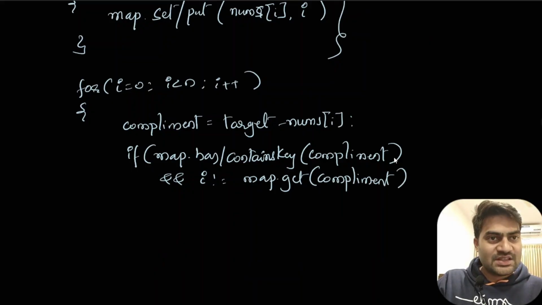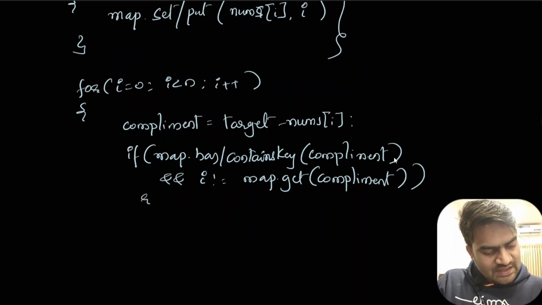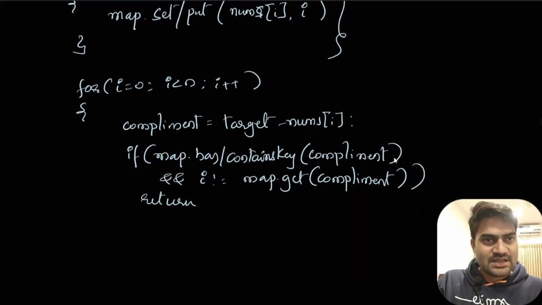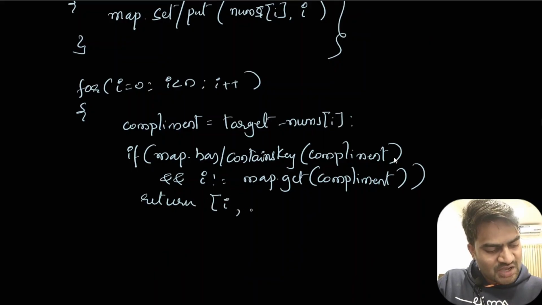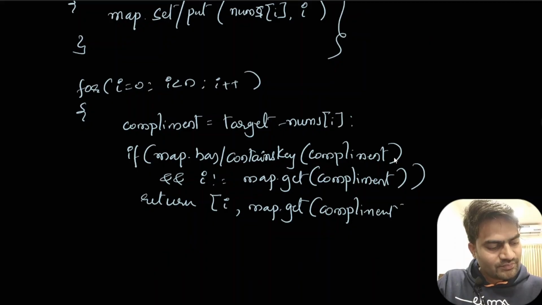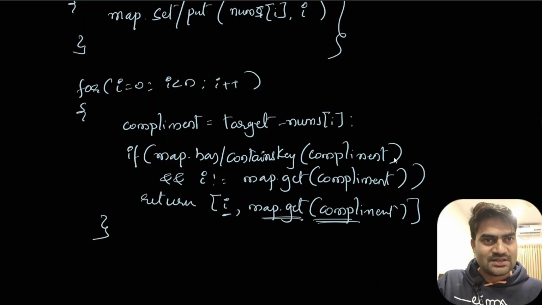So this will make sure it is not comparing it with itself. So if that is the case, I have found my pair. So I will return i comma map dot get of complement. This is one index, and the index of the complement will be given by the map. This way we return and we can close the loop.